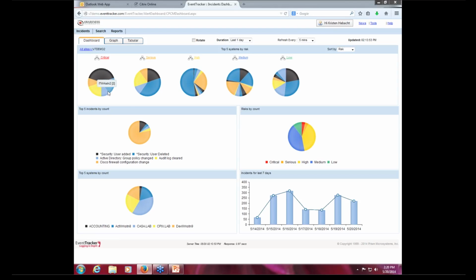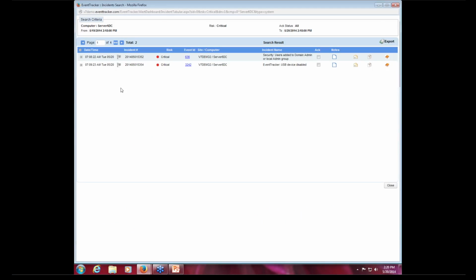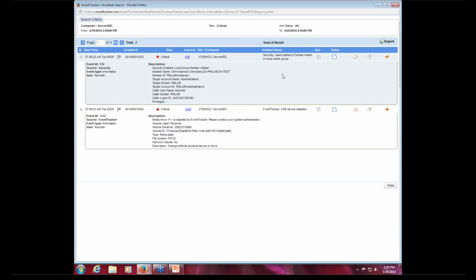So for instance, if I look at a domain controller and click on it, I see a couple of incidents worth exploring. On the one hand, a user by the name of Anderson has been added by an administrator called Kenneth and made an admin. And this happened at 7:08 this morning; we're sitting at about 2:20 Eastern. It's a big deal.